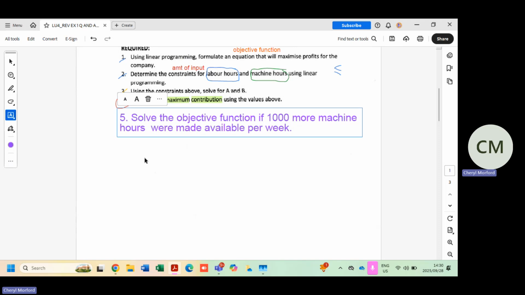So there is a new question. Solve the objective function if 1,000 more machine hours were made available per week.